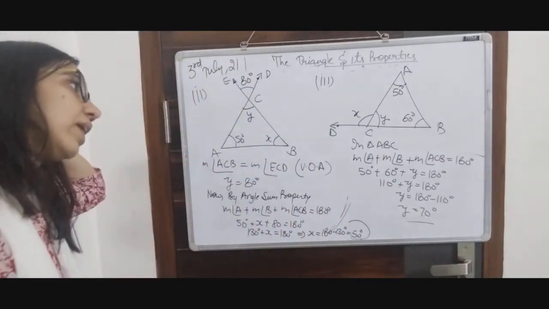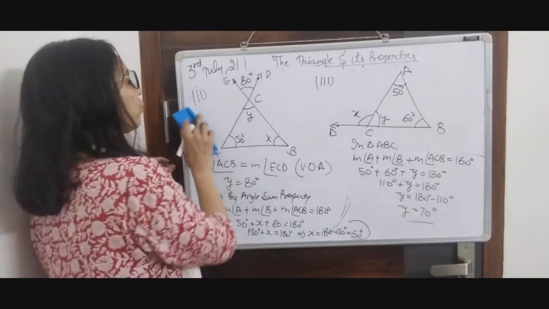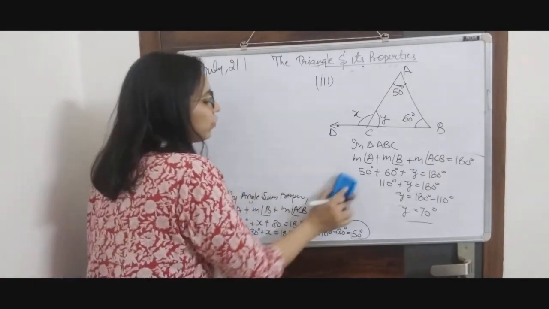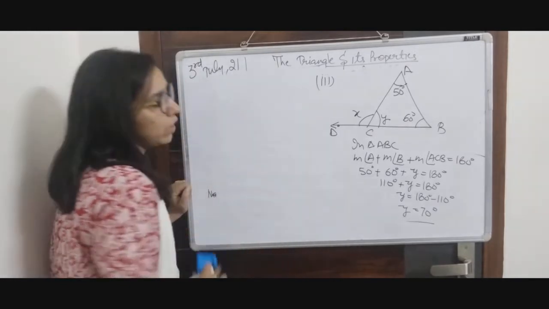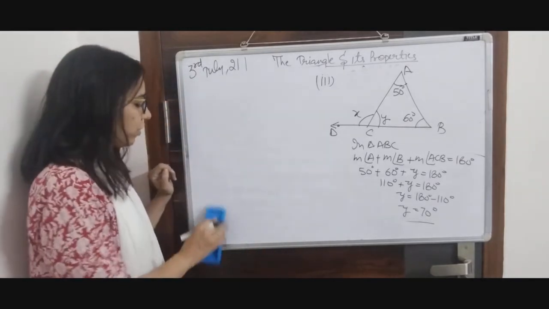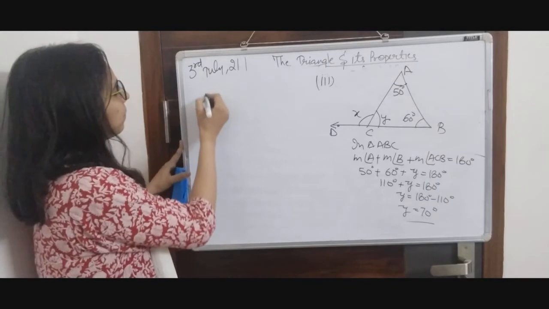What about angle X? For angle X we can use two methods. Either we can use the exterior angle property or we can use linear pair. So we are going to use the exterior angle property.